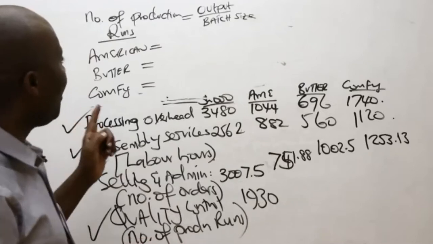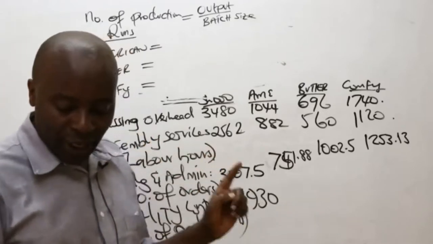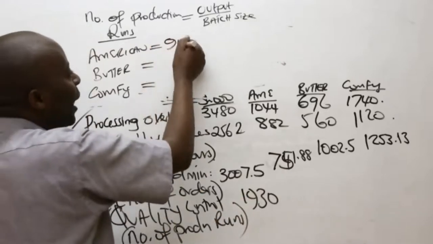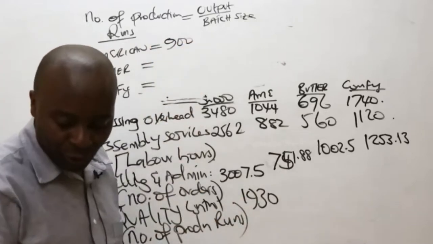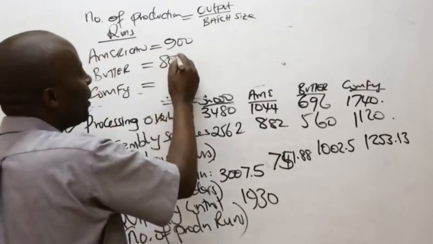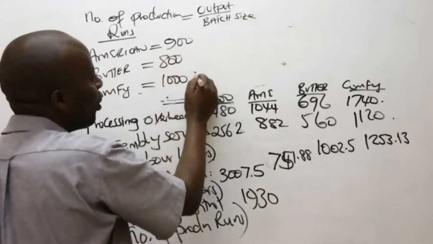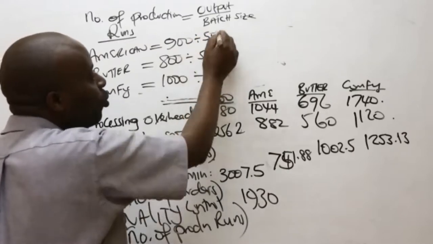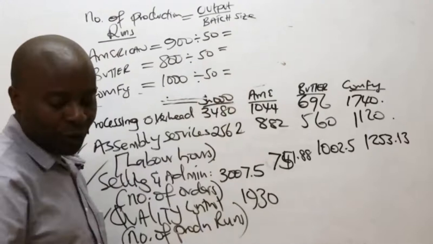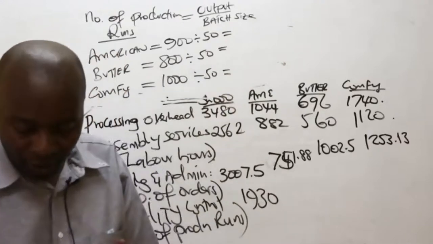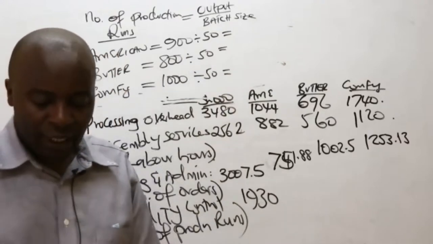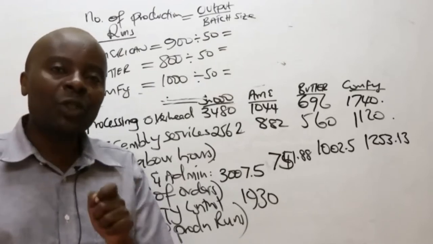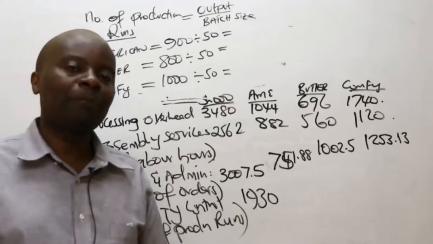For American, the output is 900. Butter output is 800. Comfy output is 1,000. Divide these by the batch size, which is 50 for each one of them. Note number 3 says production of each type of sofa set takes place in batches of 50 units.